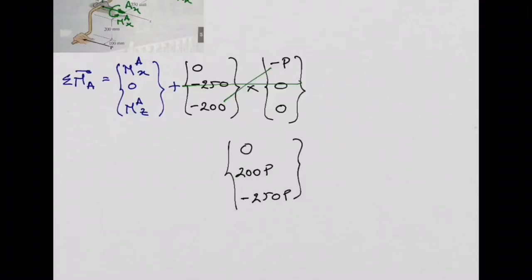Minus 200 times minus p, minus 0 times 0, so 200p. It looks correct to me. Z component, 0 times 0, minus 250 times p. Okay?